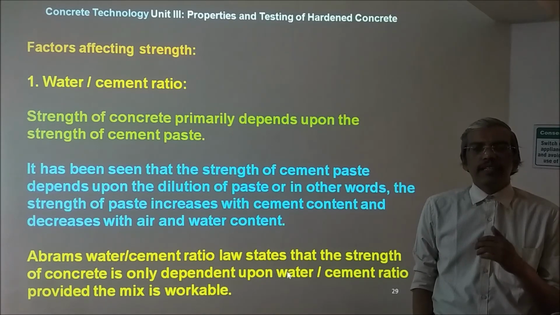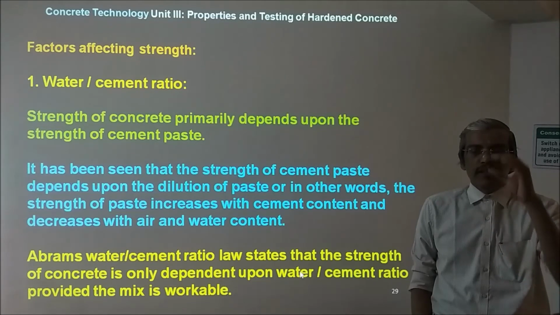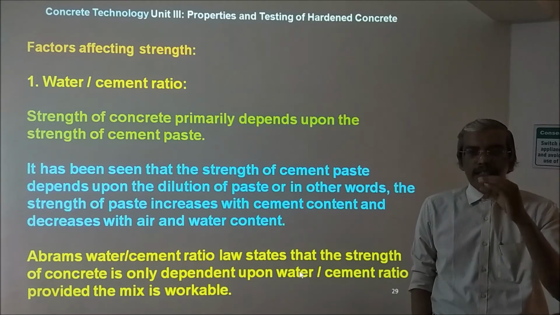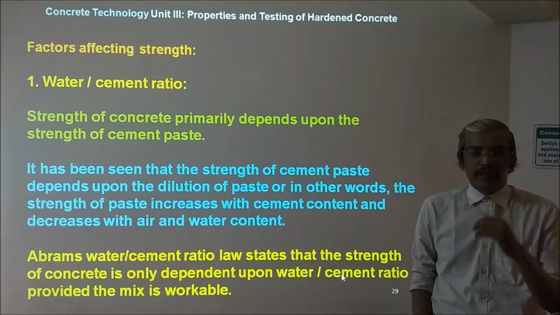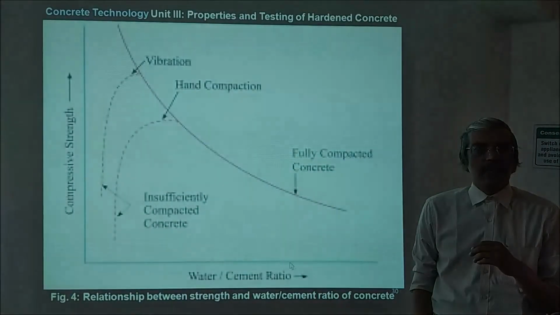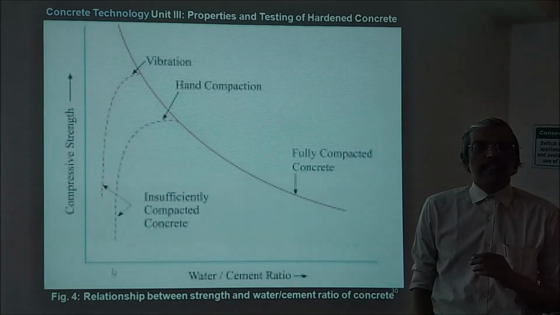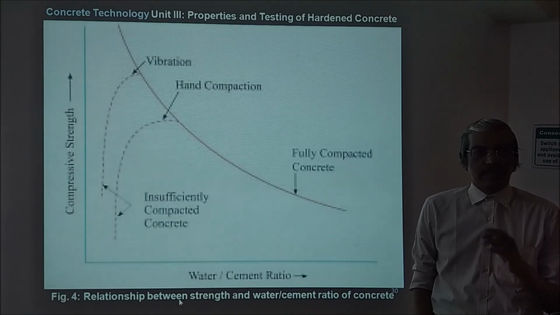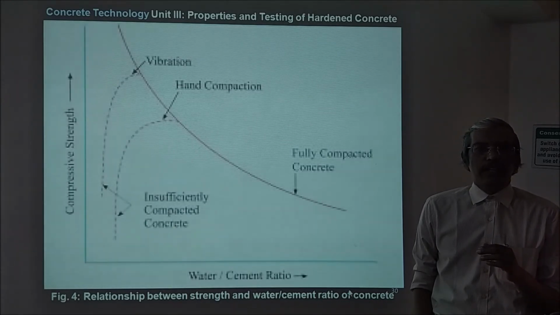So here in the water cement ratio, in the numerator the water will be there and in the denominator the cement will be there. Here again we can see the graph showing the relationship between the strength and the water cement ratio of the concrete.